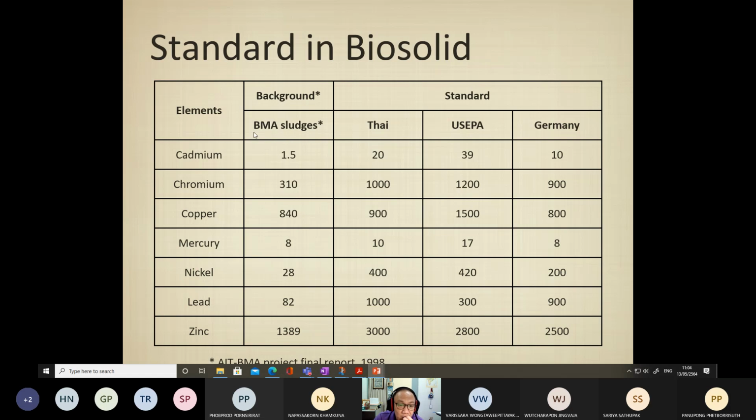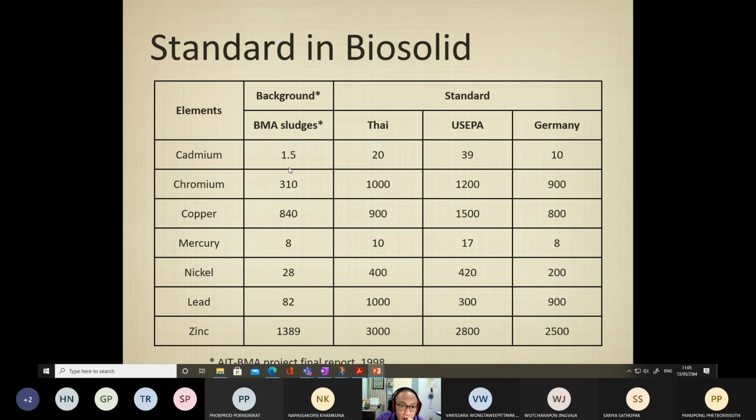BMA actually stands for Bangkok Metropolitan Sludge. It's basically the sludge they have taken from the wastewater treatment plants. I'm not sure where they collect the sludge. There are essentially 7 to 8 wastewater treatment plants in the Bangkok area.